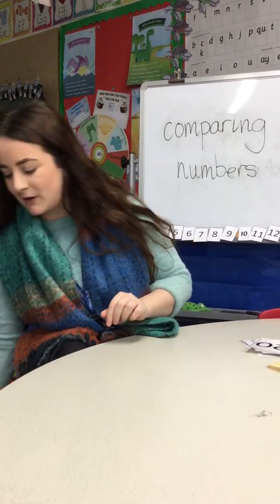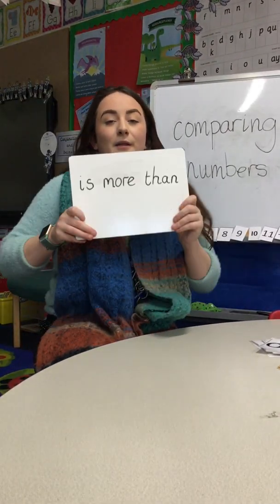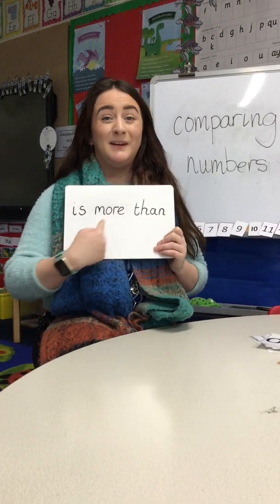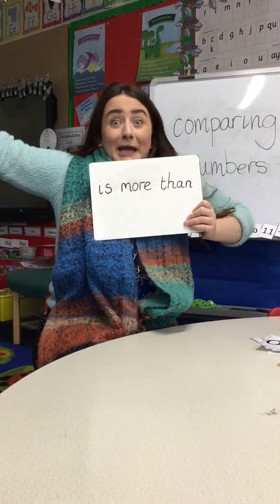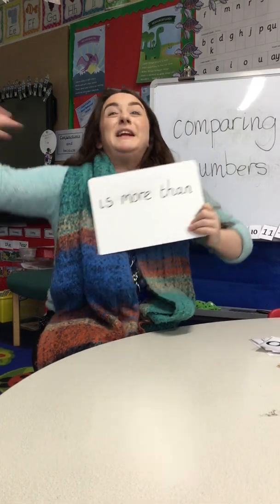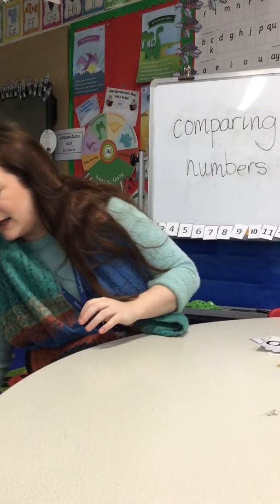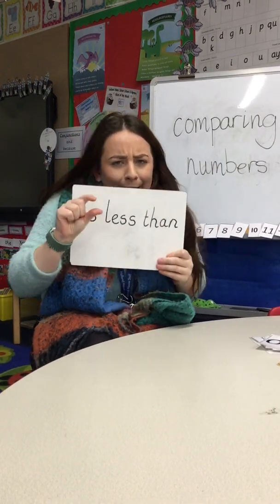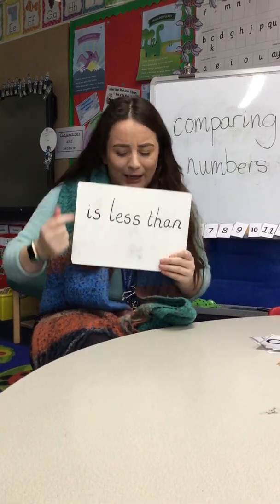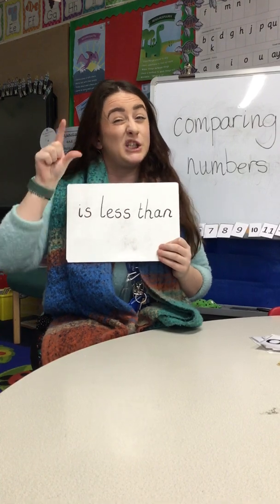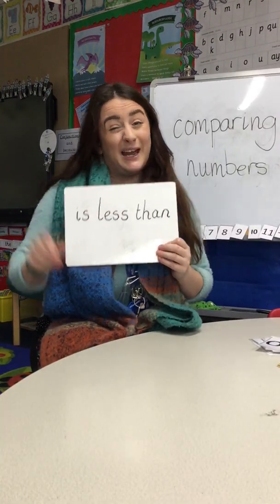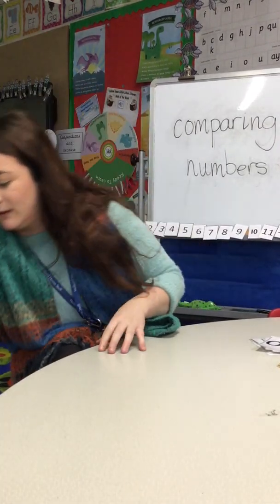Let's recap on some of our language. This one is more than. It means bigger than. That's going to be the one that is the biggest. This is less than. It is smaller. This one would mean that the group is smaller than, or the number is smaller than.